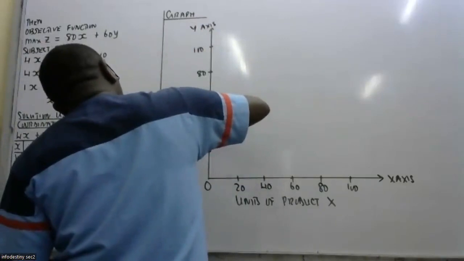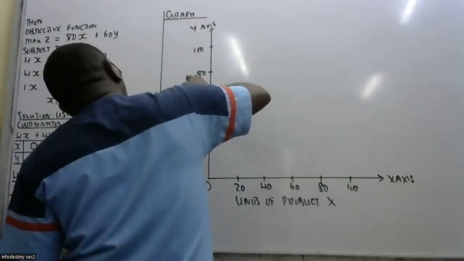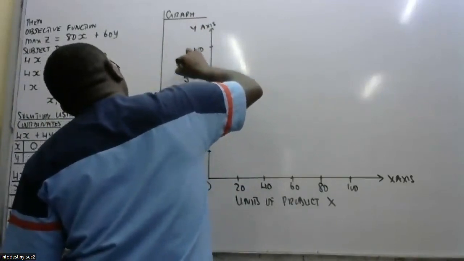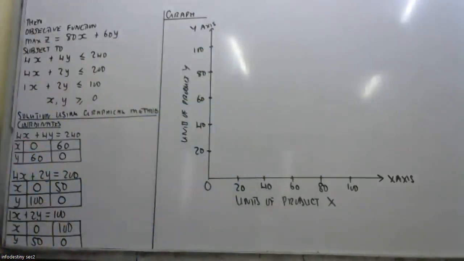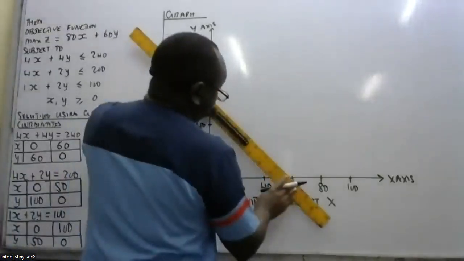So these are units of product Y. So if those are units of product Y, let's plot 60, 60.